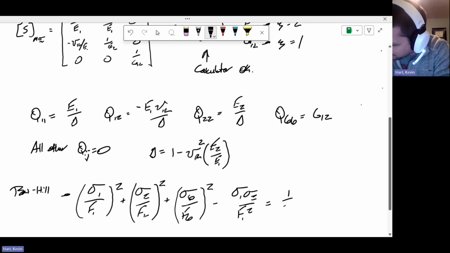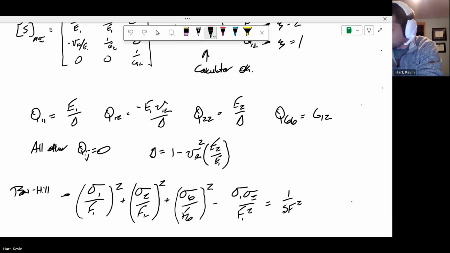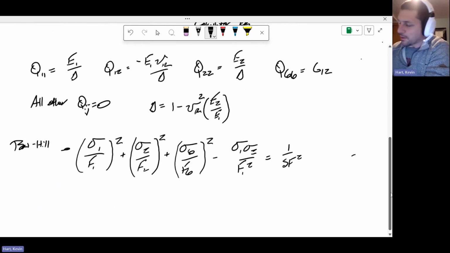This is equal to 1 over the safety factor squared. Don't forget the square. Don't forget the square. I know someone's going to do it. All right, don't forget that safety factor squared.